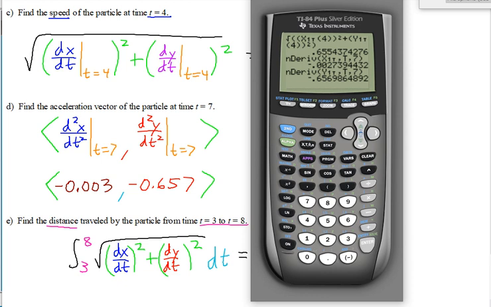So on the 84, again, we want to integrate, so you'll press math number 9, function integrate. First we get the square root. And then we open parentheses, and we've got a square dx dt, which is x1.